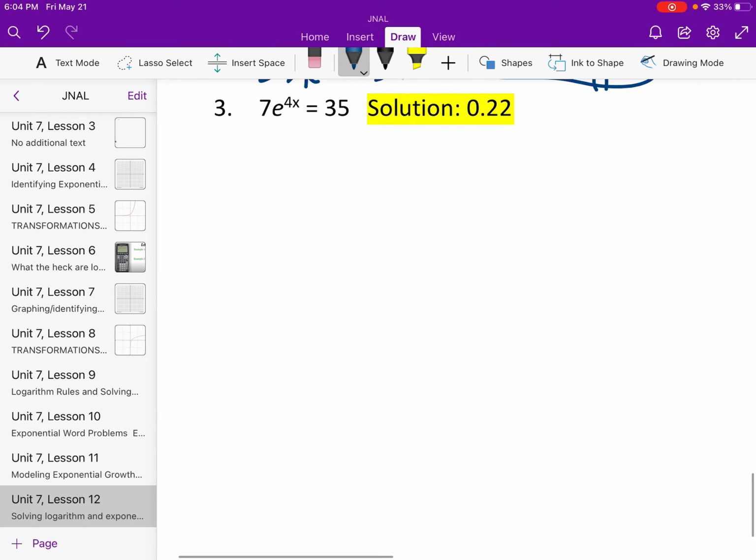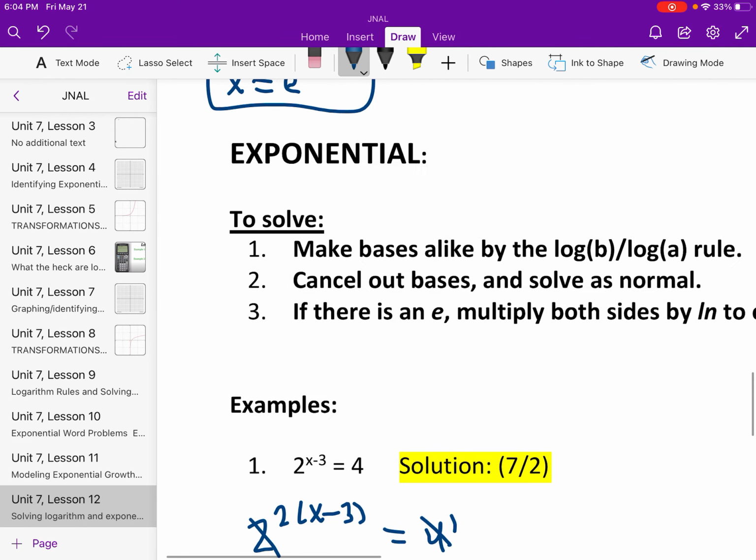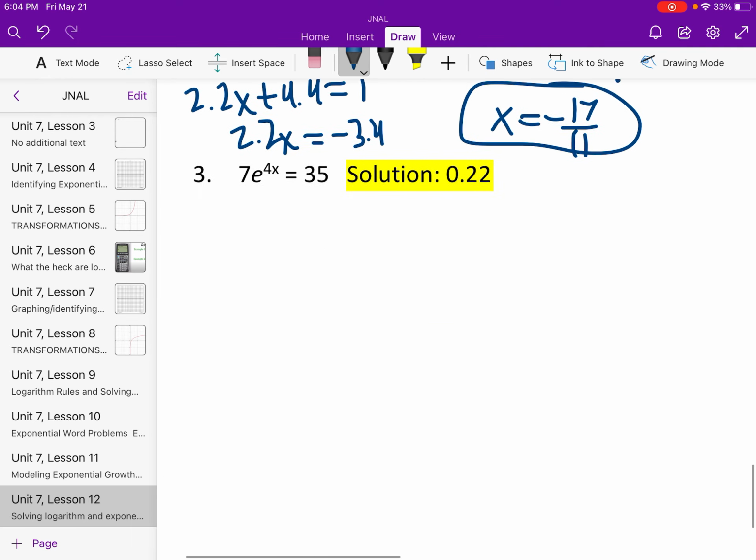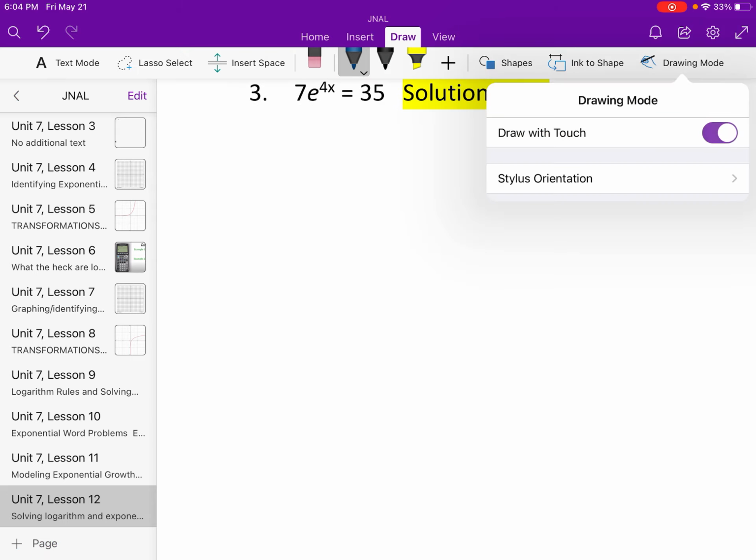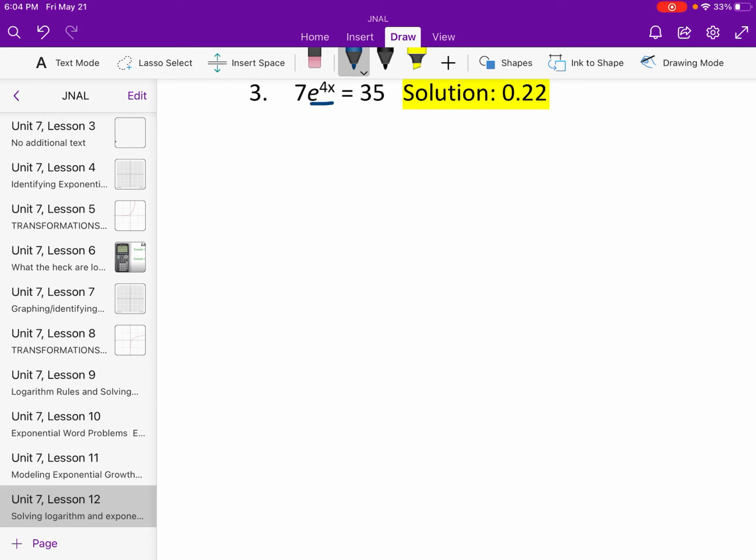All right, here we have an e, and remember what we said? We need to multiply both sides by the ln. Well, actually, you need to isolate the e first. Let's isolate the e by dividing by 7. e to the 4x equals 5. Now multiply by ln on both sides. Oops. Okay.